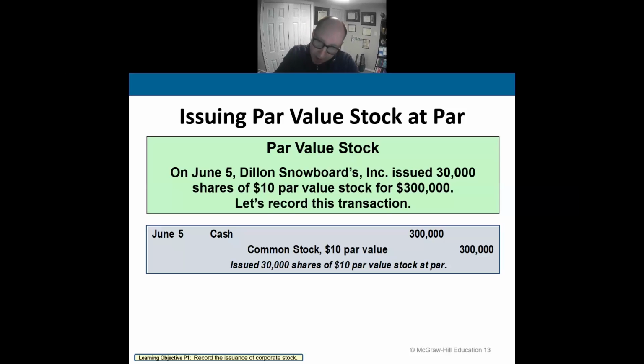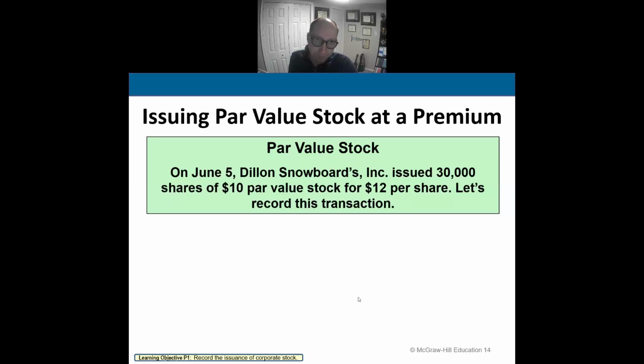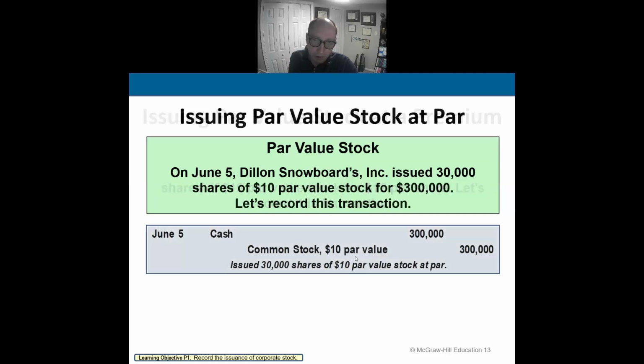Remember, you can't just get cash for no reason. So in this case, we're selling shares of stock, which is equity. I increased my cash by 300,000. I also increased my common stock account by 300,000 to represent the issuance of each share of stock. Sorry, did I go too fast?